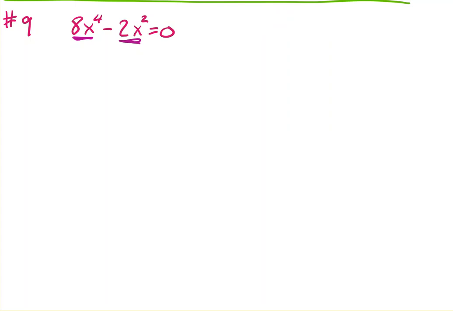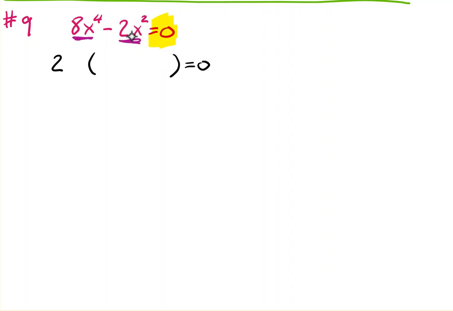It doesn't matter, but I just want you to remember, hey, if it's equal to 0, then you're going to try to solve using factoring. Our first step is to say, look, that's an 8 and that's a 2, so they're both divisible by 2. So if I divide the 2 out, I'm going to get 2 outside of parentheses, and inside the parentheses whatever's left over.